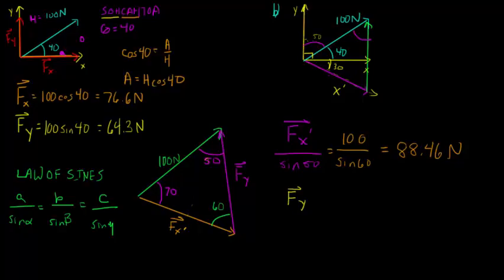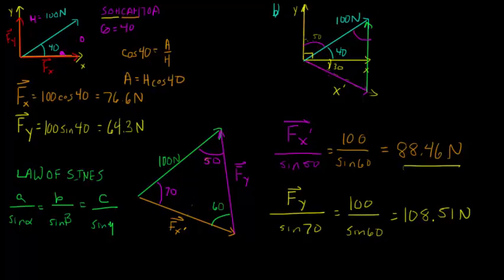We don't know what f of y is. Its opposite angle is going to be the sine of 70. And this is, again, going to be equal to 100 over the sine of 60. And this is going to be equal to 108.51 newtons. And these are the lengths of the f of x vector and the f of y vector.